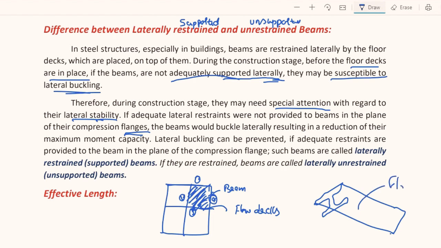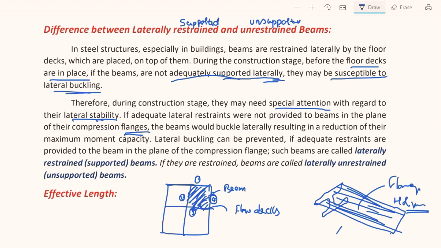This is the compression flange at the top, and this flange is horizontal, right? This plane on which this flange is there, it is horizontal, right? So in this horizontal plane you need to provide some stability, something to hold this beam. That is nothing but the lateral direction, right?